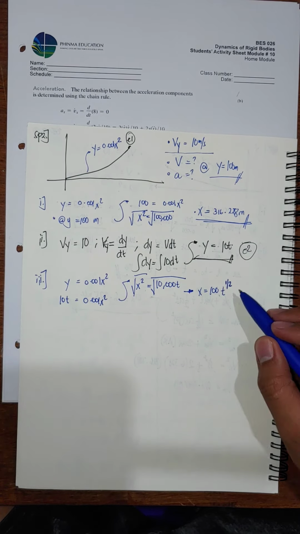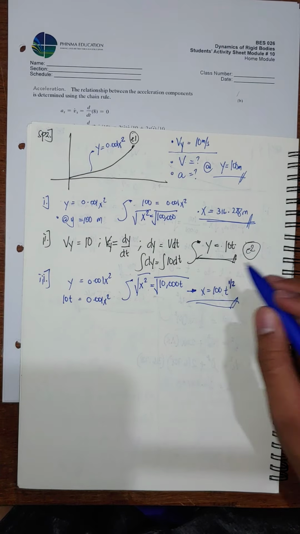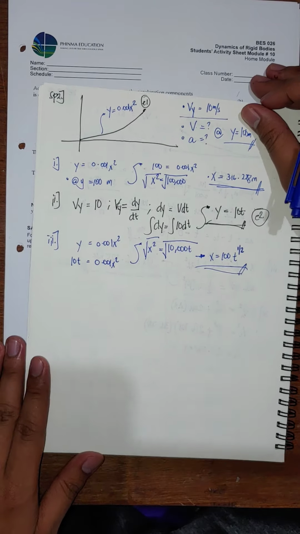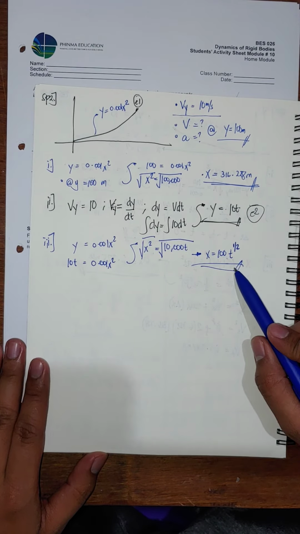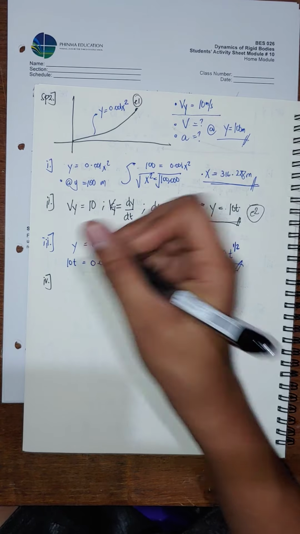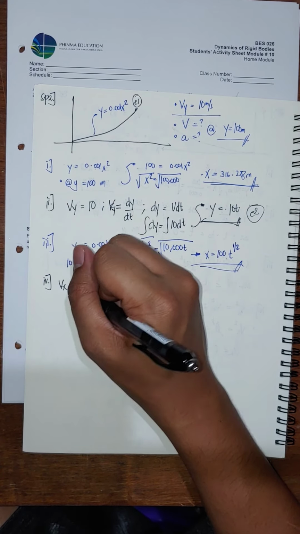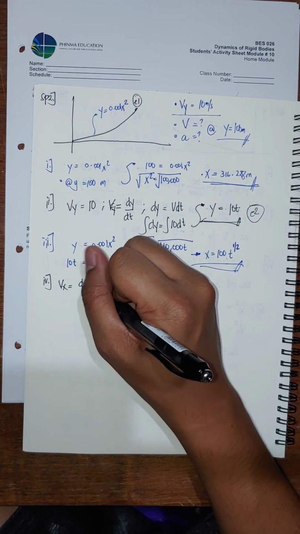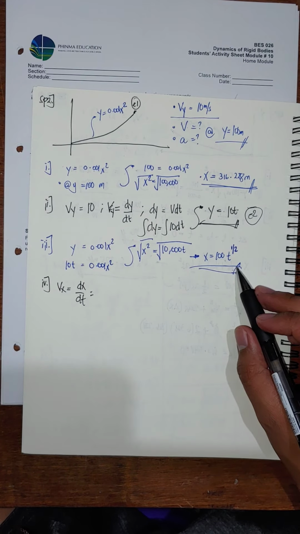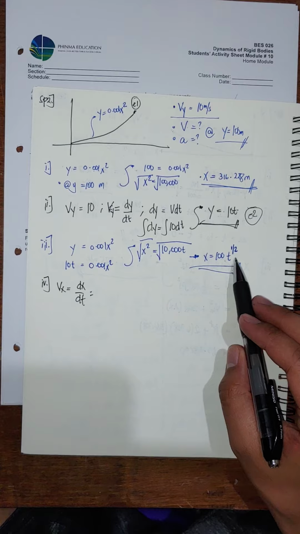Then we can now get the velocity of x. The vx is just equal to dx over dt. We can safely differentiate this because it is already with respect to time.